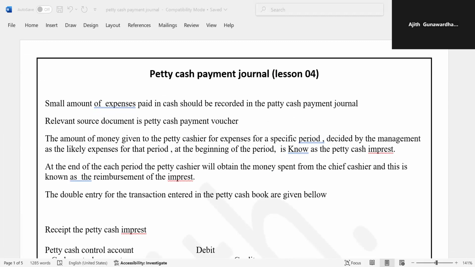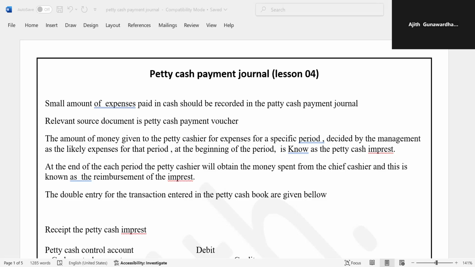All checks and cash receipts should be recorded in the cash receipt journal, but payments by issuing checks should be recorded in the cash payment journal. Therefore, you have to know how to record each and every transaction from the beginning in the prime books.